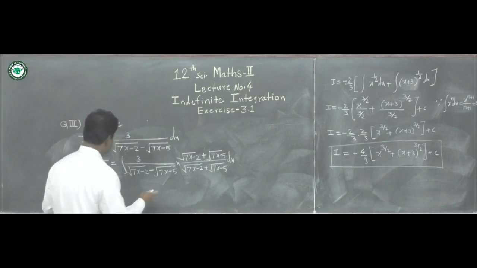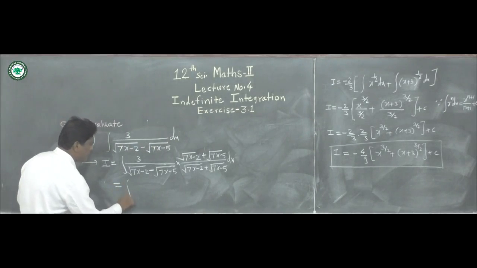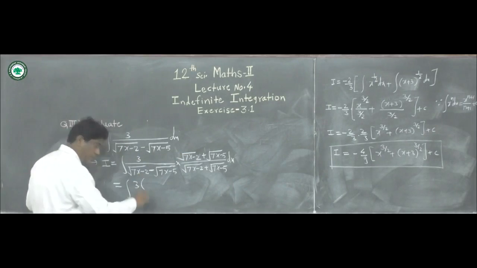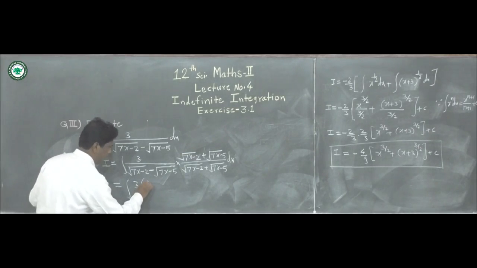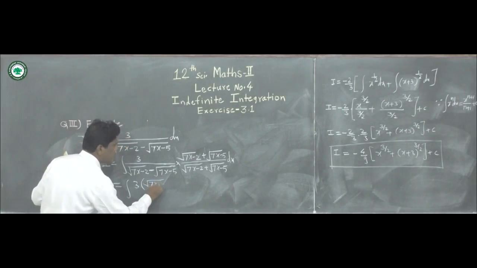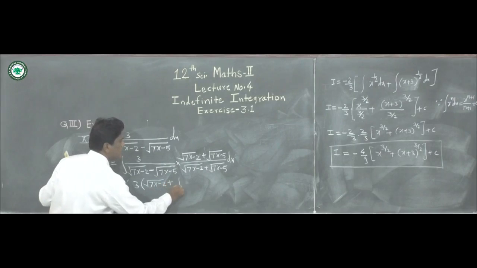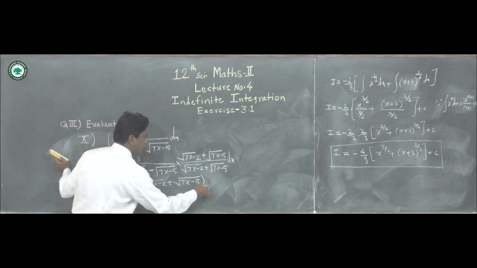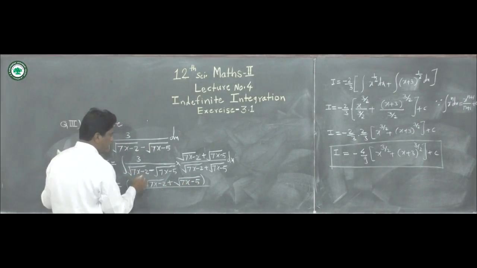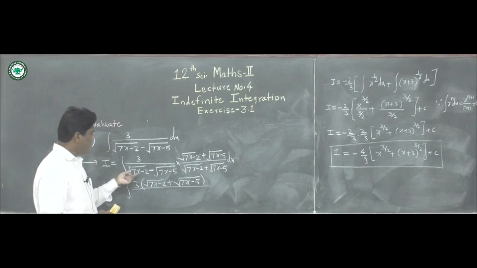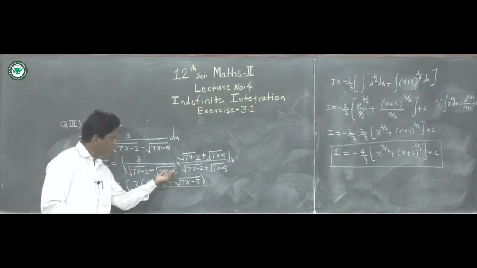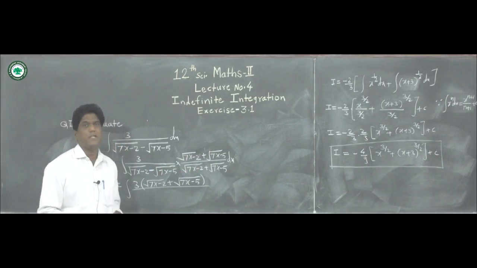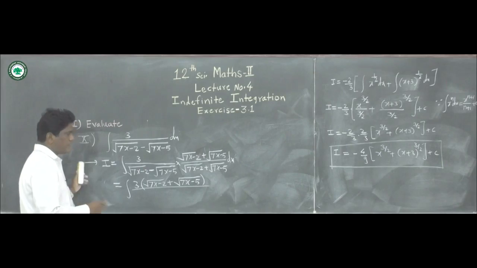So it is equal to integration of 3 into that term written in the round bracket, under root of 7x minus 2 plus under root of 7x minus 5, divided by, now again here use the formula: a minus b into a plus b is equal to a square minus b square.